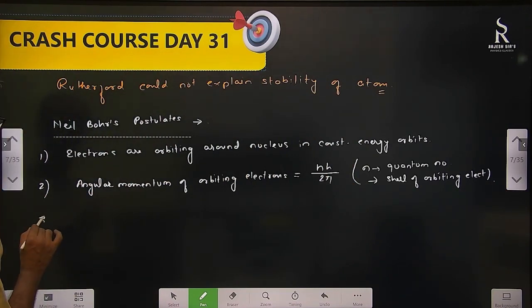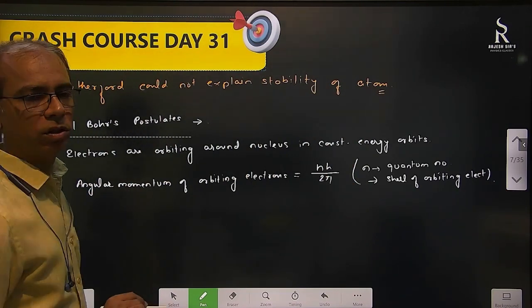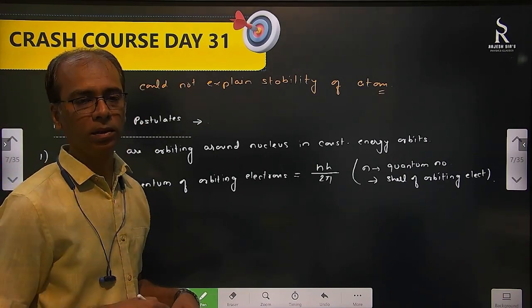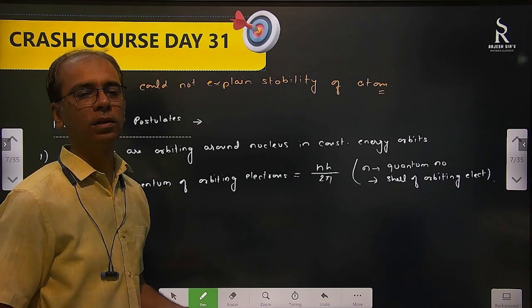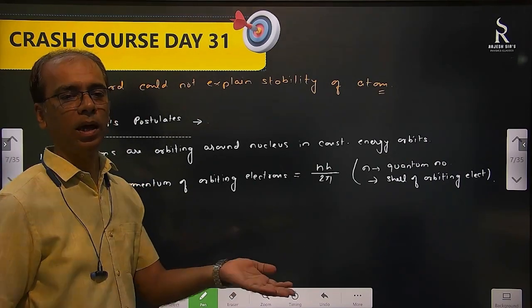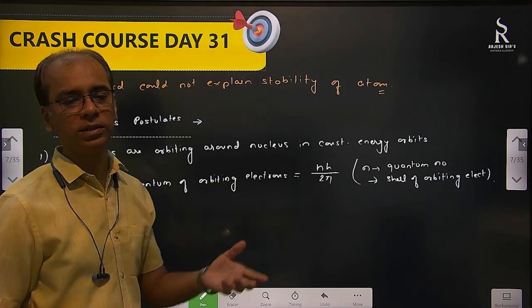Third, he said that if electrons are moving from a higher energy orbit to a lower energy orbit, if they are jumping from one shell to another shell, then only an exchange of energy takes place. If they move from a higher energy to a lower energy orbit, they will release energy.